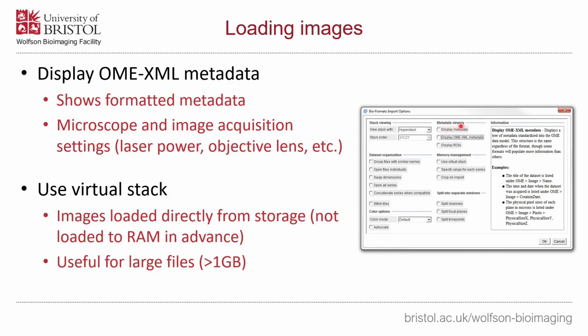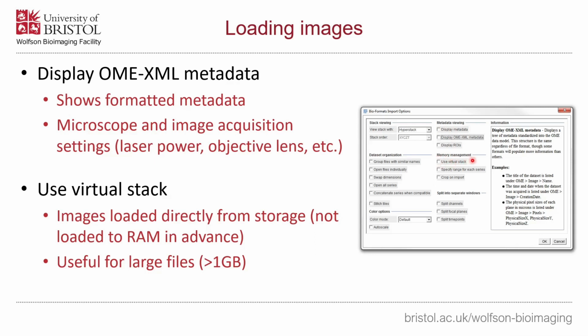The first one is the standard metadata, and then the other one here is the OME XML metadata. This is a standardized data format, which makes it a little bit easier to navigate, although you won't get all of the metadata in the OME XML that is available just by looking at the raw data there.